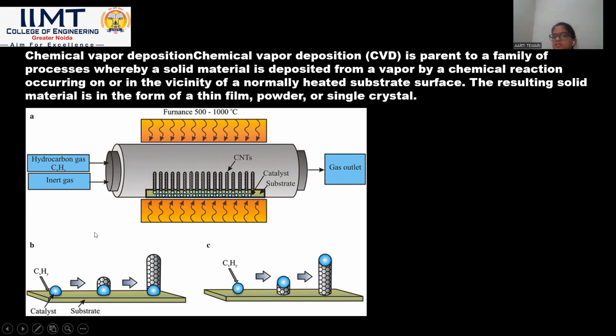But this is the method. From the gaseous stage, you reach the nanoscale. You break down the gas with the help of an external source, and the species diffuse into the catalyst particle, giving you the desired nanostructure. CVD is a bottom-up approach.